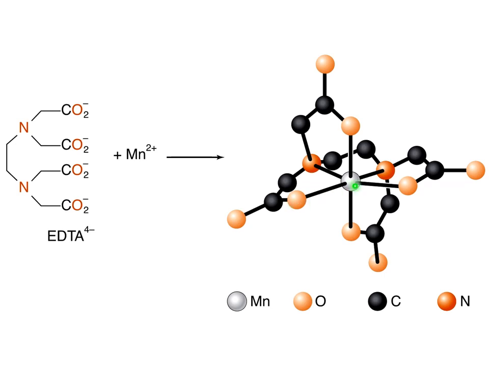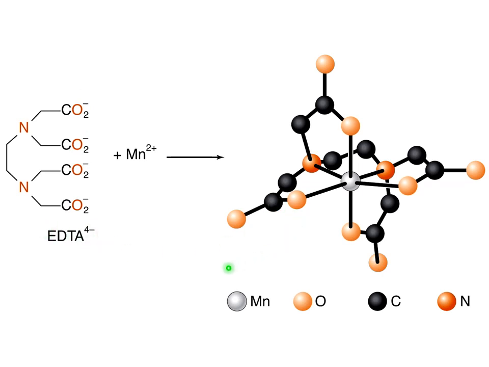These atoms are located on every side. There is no other molecule that can approach manganese. The most important thing is there is no chance a second EDTA molecule can react.